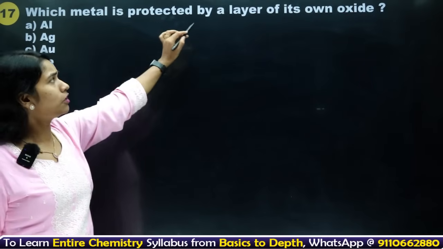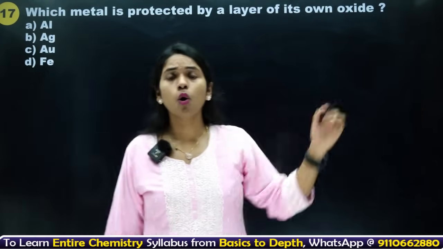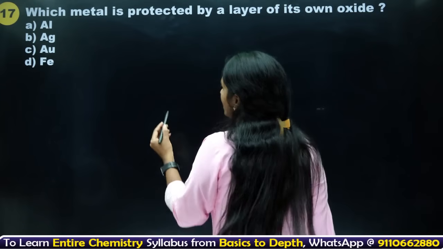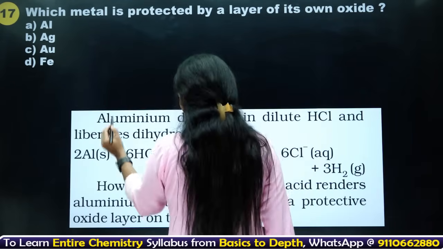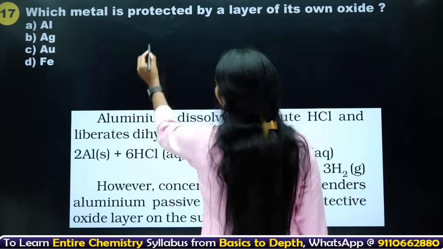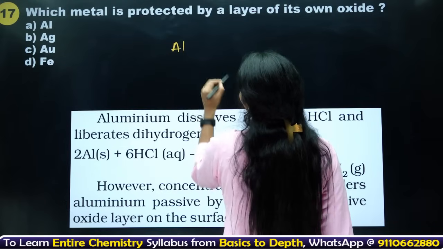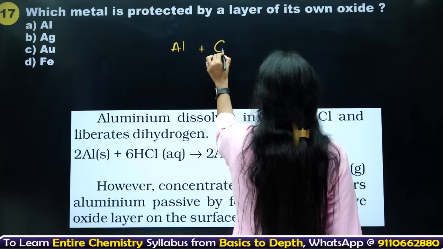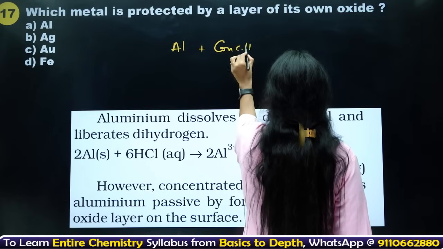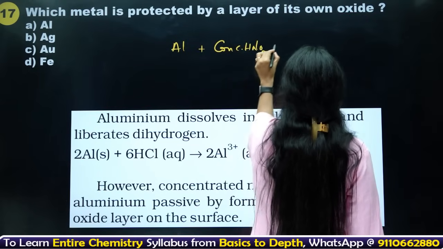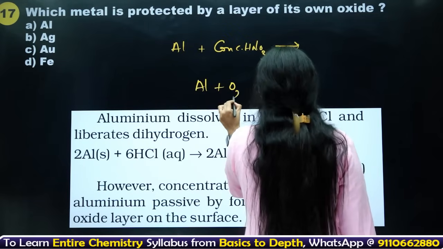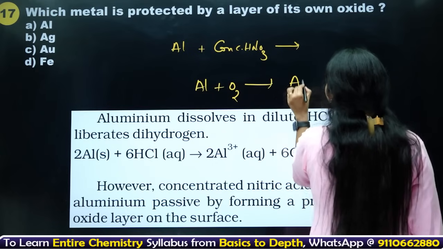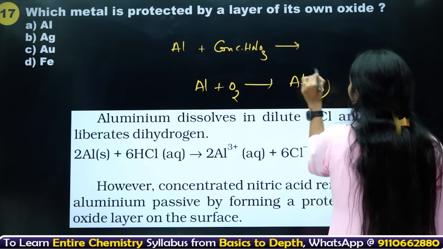Which metal is protected by a layer of its own metal oxide? For example, aluminium is a metal. Why? Because when you treat aluminium with concentrated HNO3 or when it undergoes oxidation, it forms an Al2O3 layer, aluminium oxide.